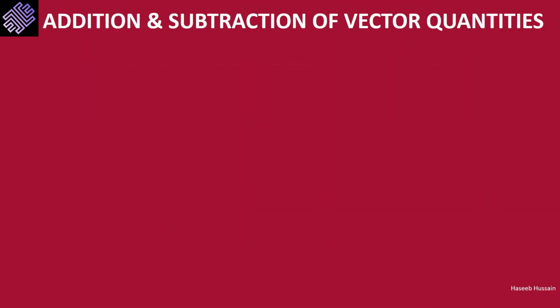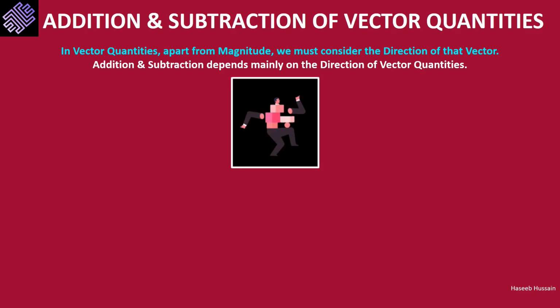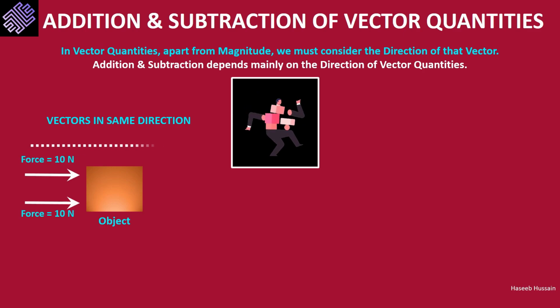In case of vectors, we have an additional consideration to keep in mind, and that is the direction of those vectors. The onus to add or subtract certain vectors lies squarely on the direction of those particular vectors. If vectors are in the same direction as in the case below, the resultant will be the sum of the two vectors and will also be in the same direction.